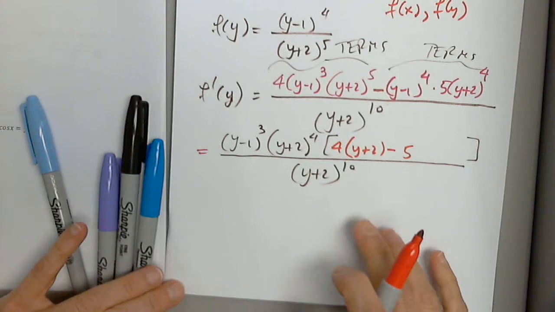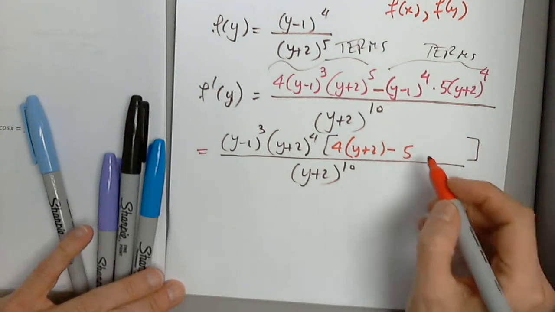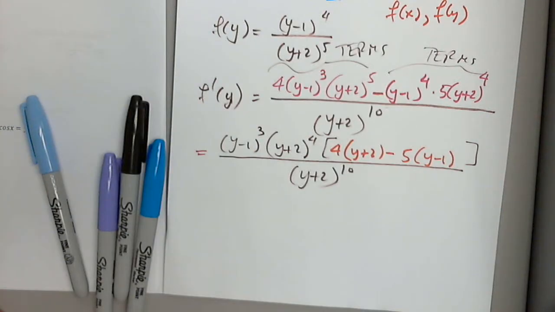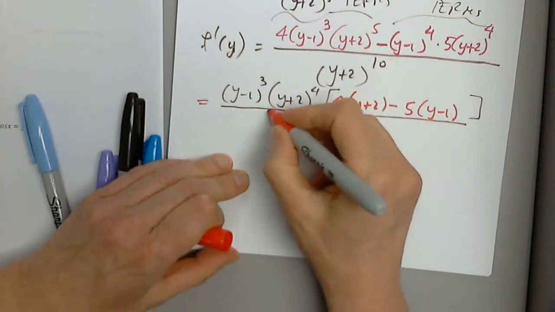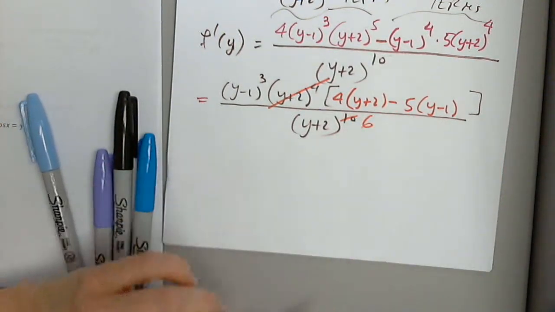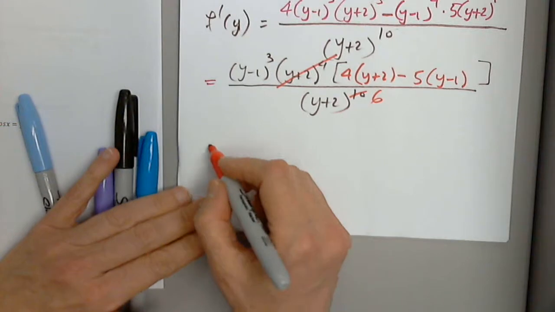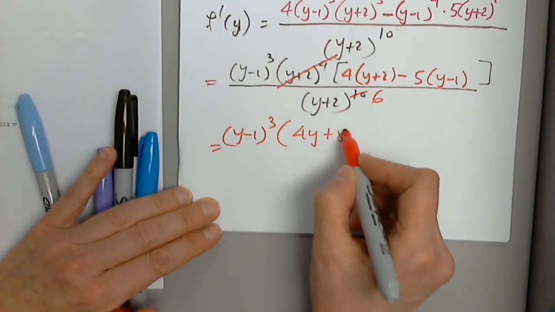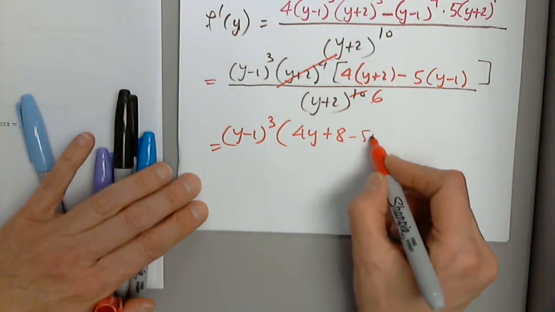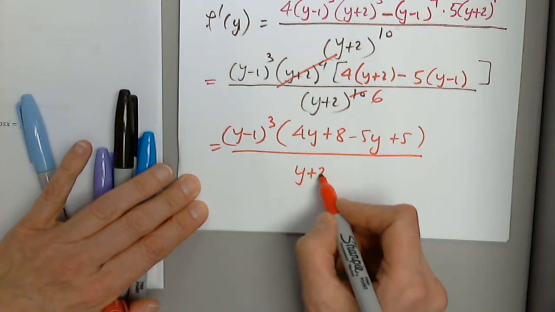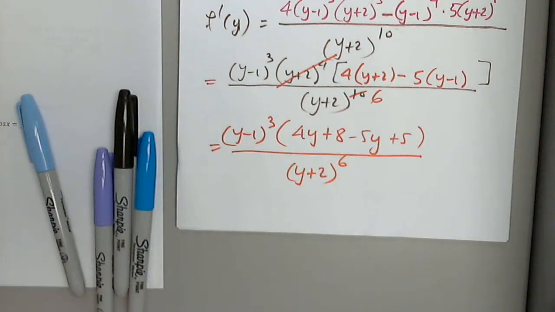Okay, minus 5 times parentheses (y minus 1). Do we all agree with that? Now we are allowed to remove 4 of those and remove 4 from the denominator. So this will be (y minus 1) to the 3rd, and this is 4y plus 8 minus 5y plus 5, everything divided by (y plus 2) to the 6th.